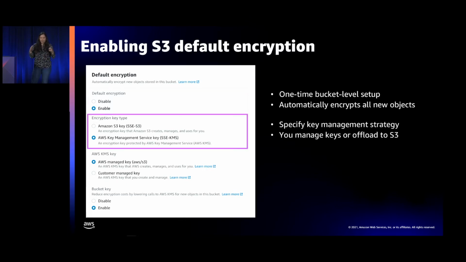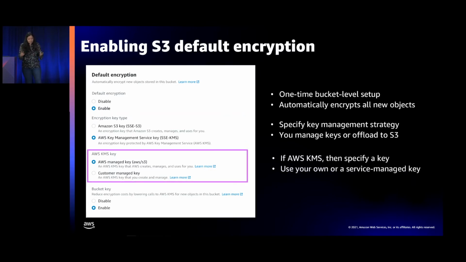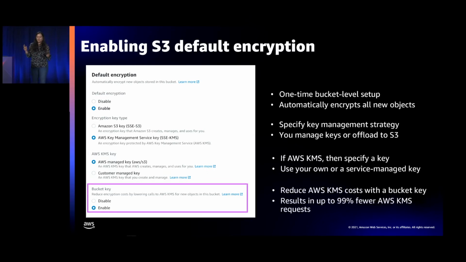It is a one-time bucket level setting where you define your encryption key, whether an S3 managed key or a customer managed KMS key, and all your subsequent uploads to your S3 bucket are automatically encrypted. We also launched bucket key configuration last year that will help you reduce your KMS costs by up to 99%.